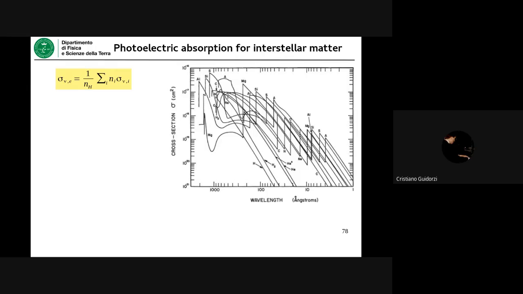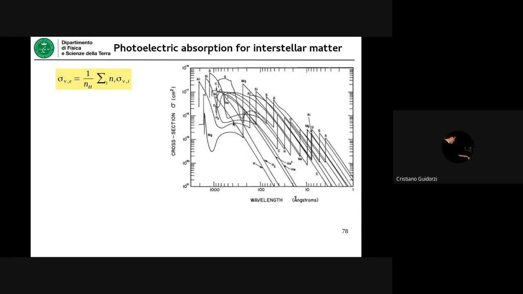What we could call the effective cross-section, what I call here sigma nu E. E stands for effective, in the sense that it takes into account the fact that you have a relative abundance for a number of elements.